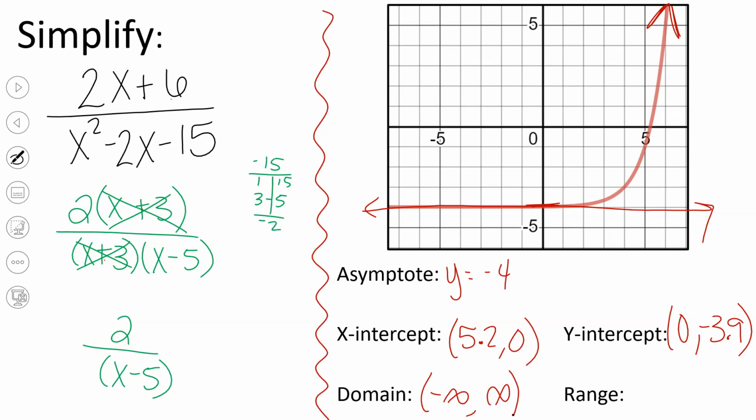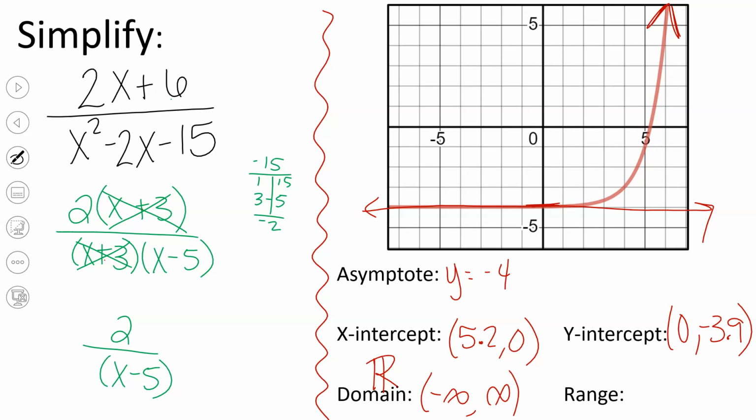What is negative infinity to positive infinity? There's 3 words you can say instead. All real numbers. You have to know that. Have to. So write it down if you need it. Negative infinity, positive infinity is all real numbers, and that's the symbol for it. It's like a letter R, but it has 2 lines in front first.